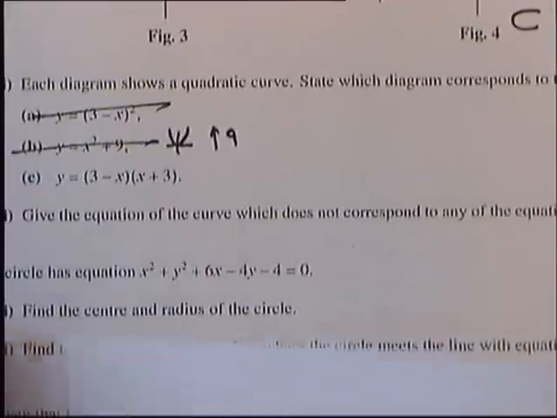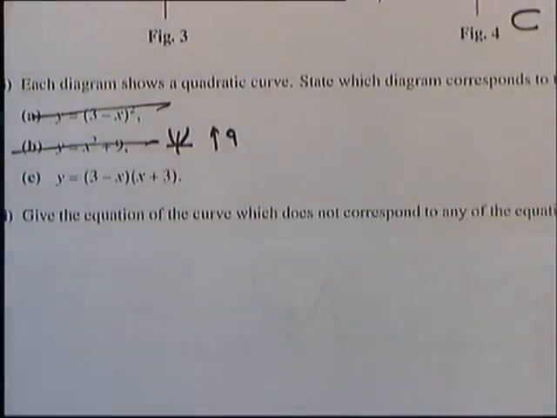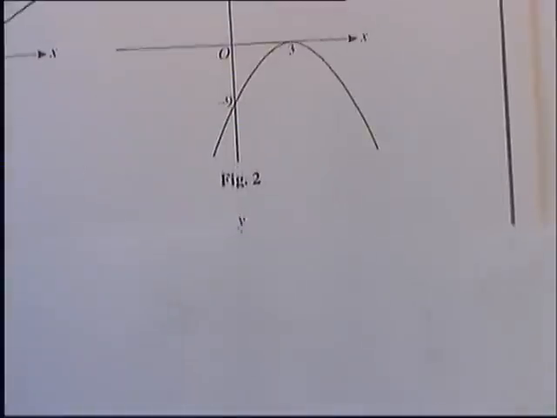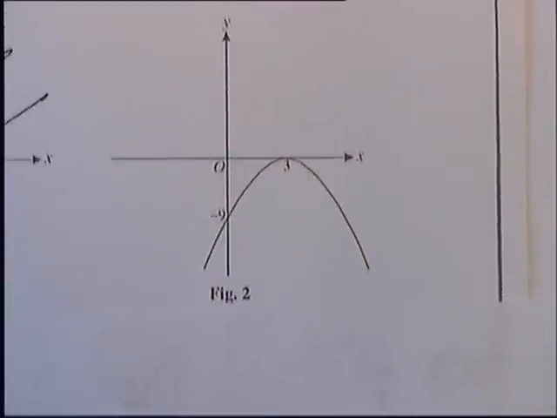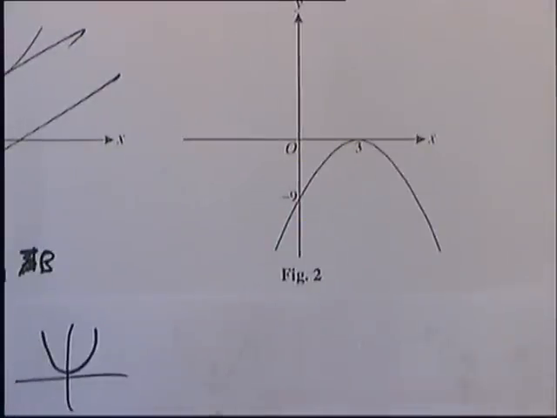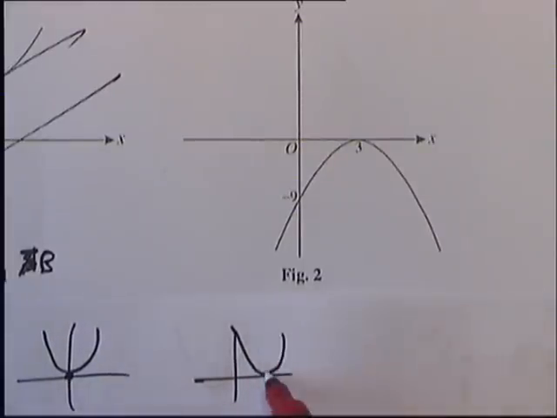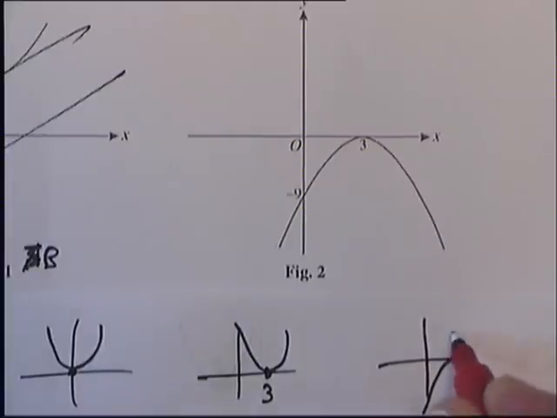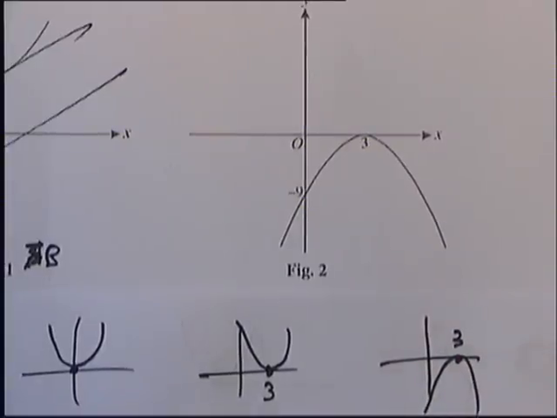So we're left now with the second part of the question saying, give the equation of the curve which does not correspond to any of the equations in part 1. So we're looking at this curve up here. Well, if you start with the normal y equals x squared curve, going through the origin, and shifted that 3 units to the right, you would get that. And then if that was reflected in the x-axis, you would get that, which is what we want.